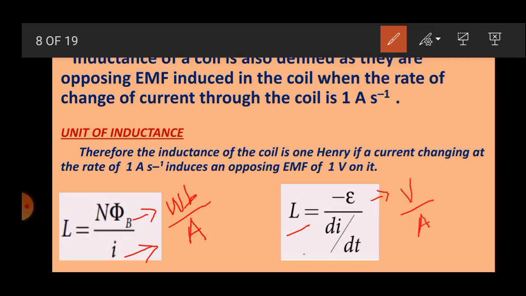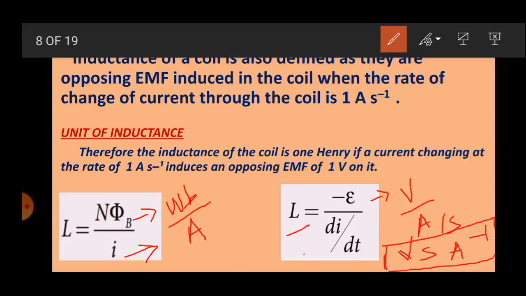Ampere. Divided by per second. That is current per second. So this is nothing but 1 volt second per ampere. This is another unit of self-inductance.